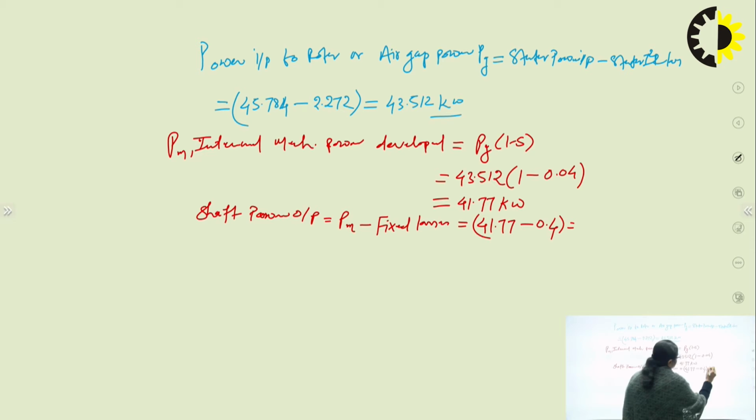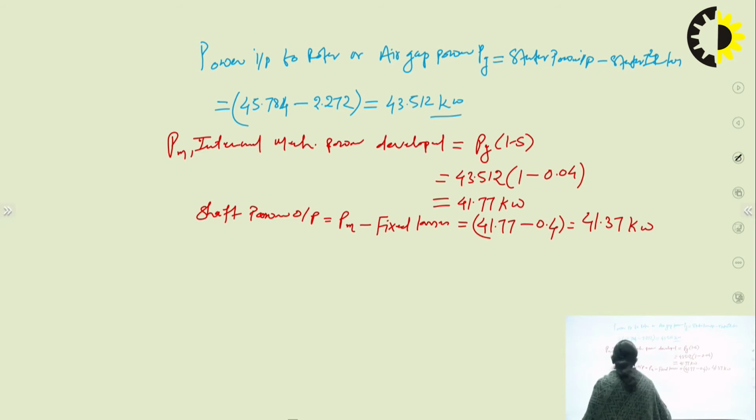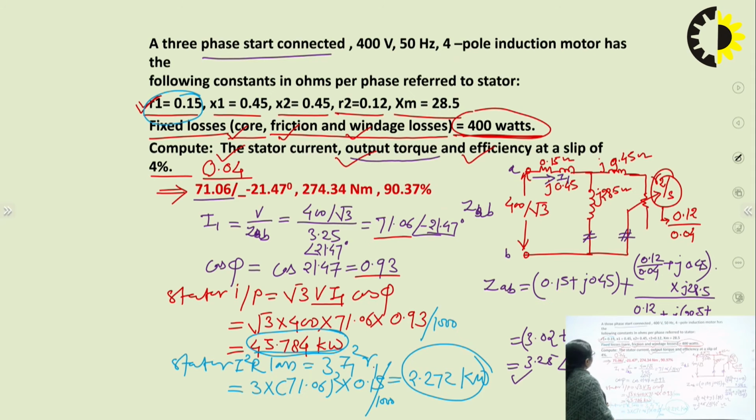So solving this, I'll get the shaft power output as 41.37 kilowatt.